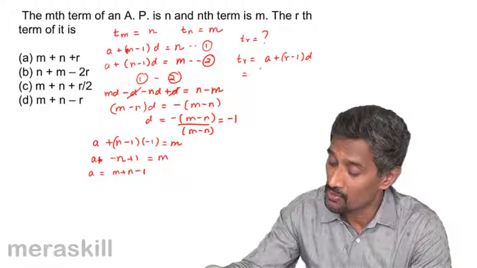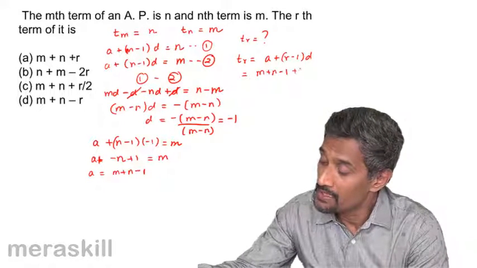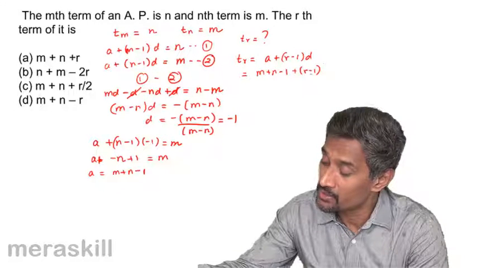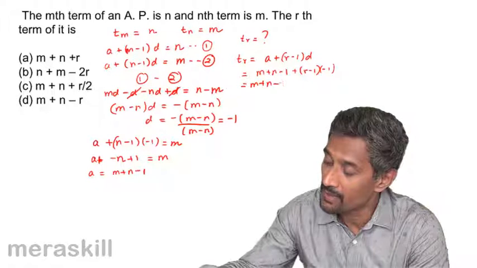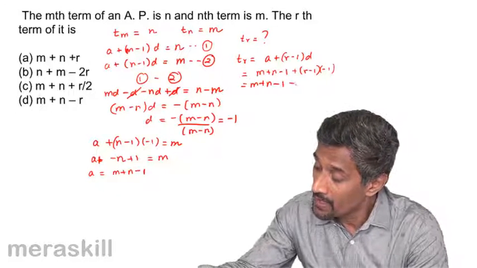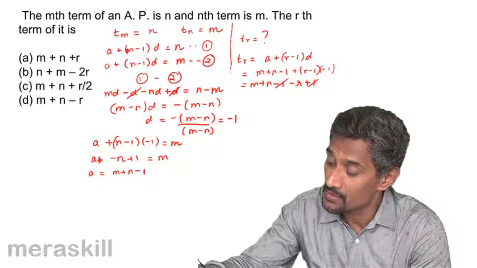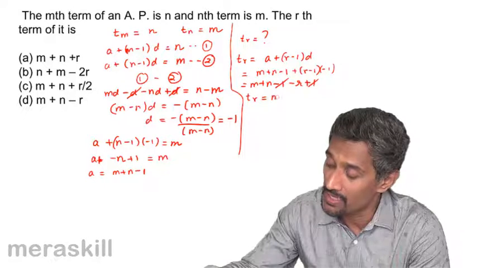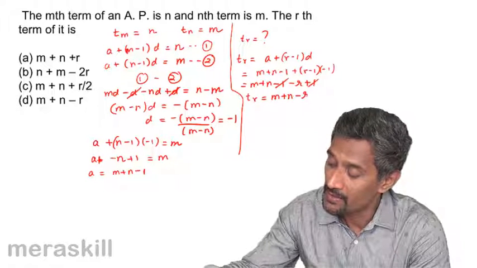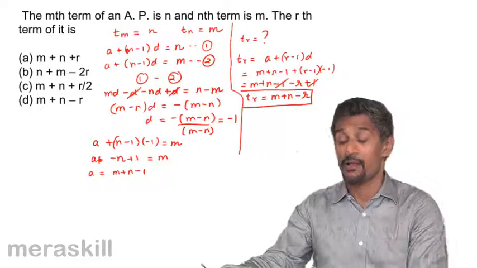So which will turn out to be a, that is m plus n minus 1, plus r minus 1 into d, which turns out to be minus 1, which is m plus n minus 1 minus r plus 1. This gets cancelled. So we just draw a line just to prevent confusion. So Tr turns out to be m plus n minus r. Therefore the rth term is m plus n minus r.